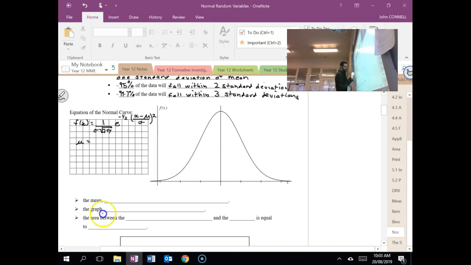So mu is the mean, sigma is the standard deviation. Now, it's not a very nice equation, but it's one that works for us.